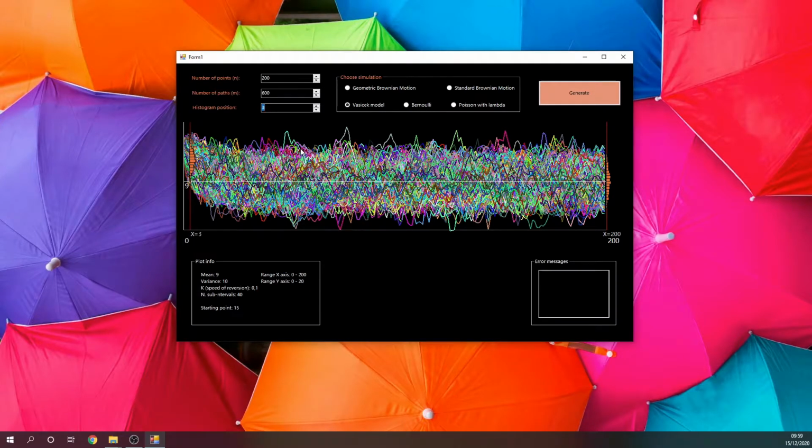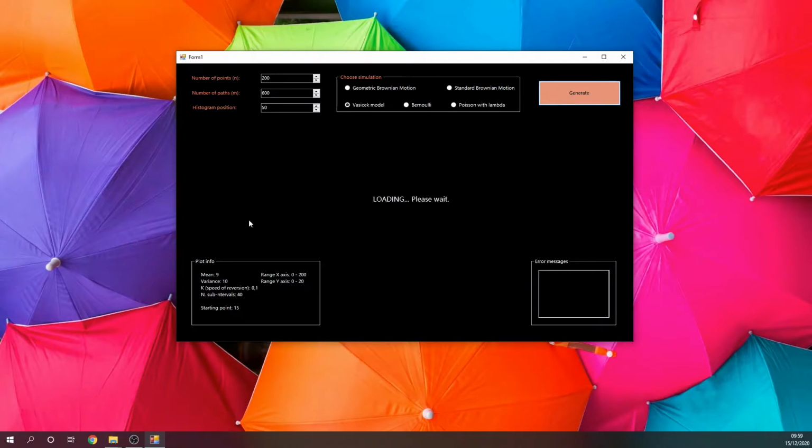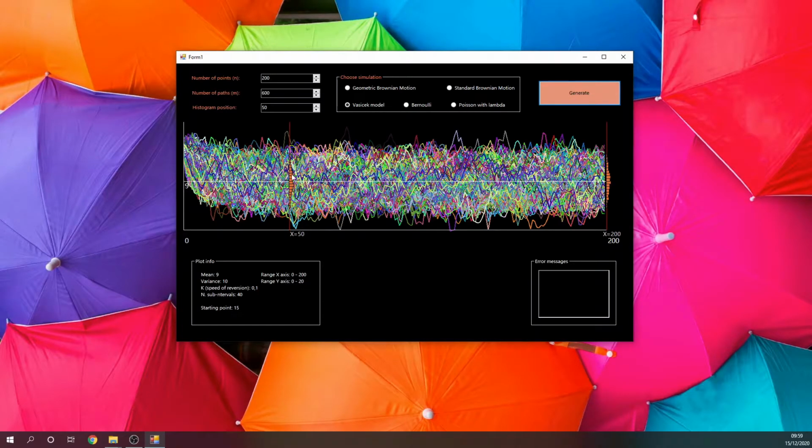When we increase in time, for example, let's take 50, we can observe that the normal is now stabilized in this mean, and continues to be in this mean, since the plots also are stabilizing in this mean.